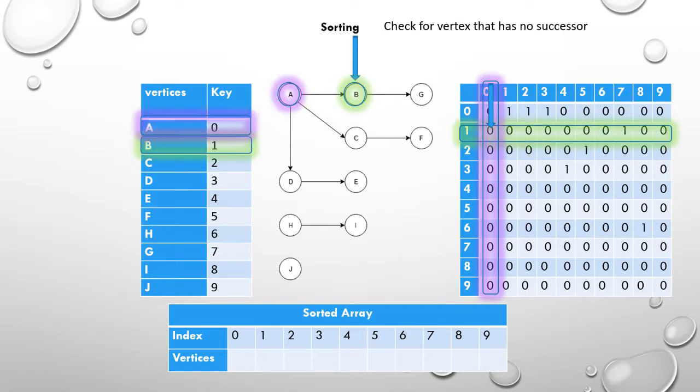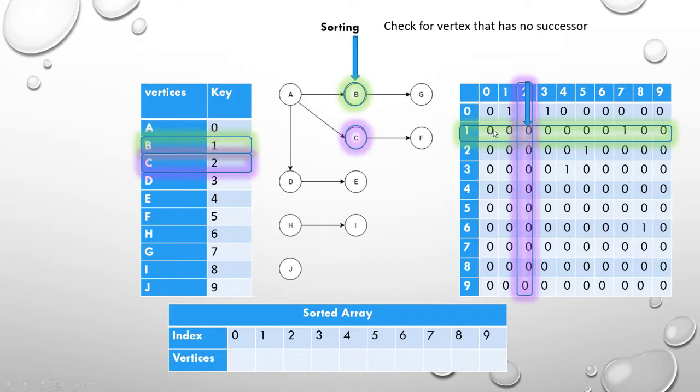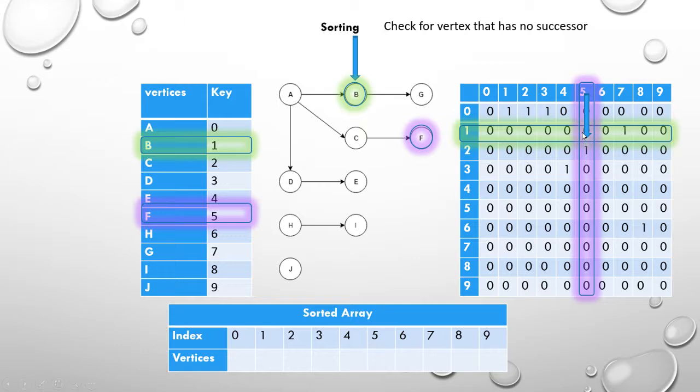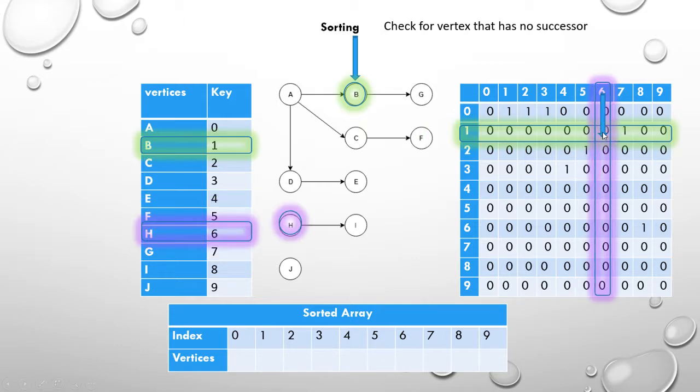Okay, now we have B. As you can see, B has key 1, which is row 1 over here. Then we are going to start again from 0 because we are going to loop through the columns. So in this case, we have 0, 0, 0, 0, 0, 0, 0, another 0.